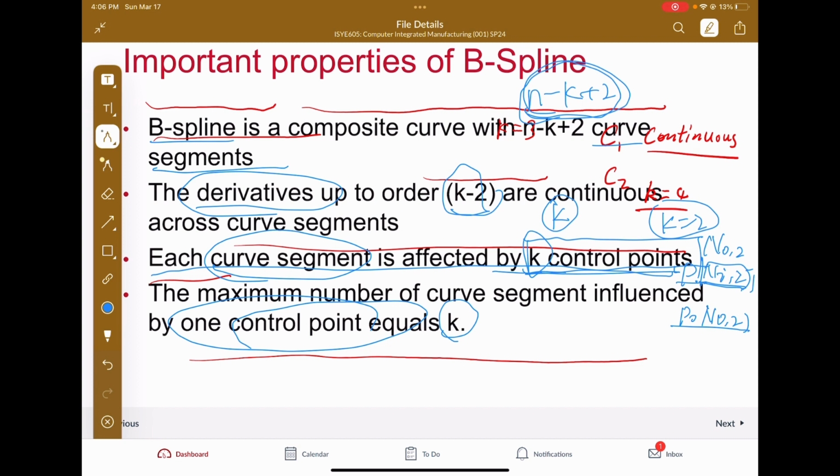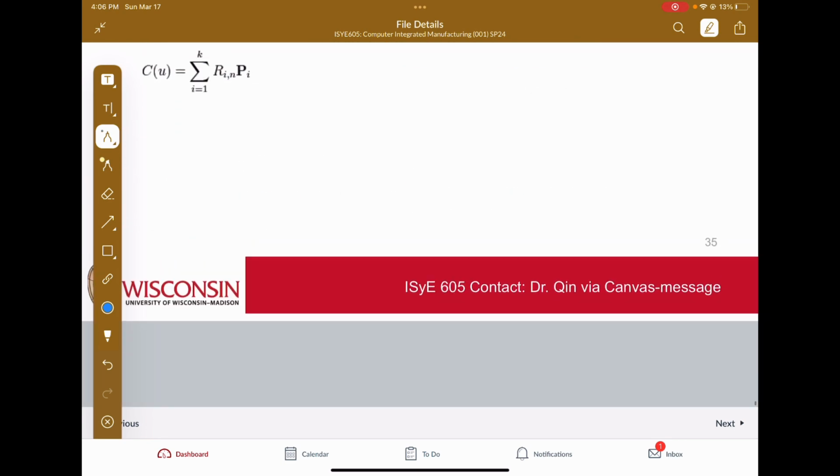So that is how B-spline makes it localized: we use k to define the order, and use k to control how many curve segments a control point will affect, and how many control points affect one curve segment. So these are the important properties of B-spline. It's different from the Bezier and Hermite curves. Okay, so that's all.